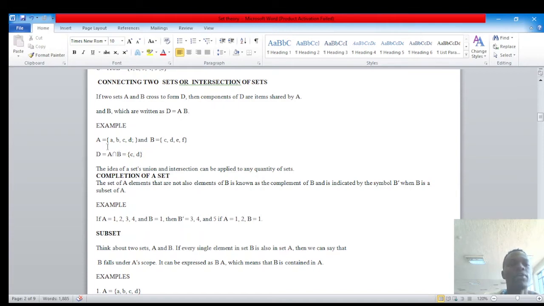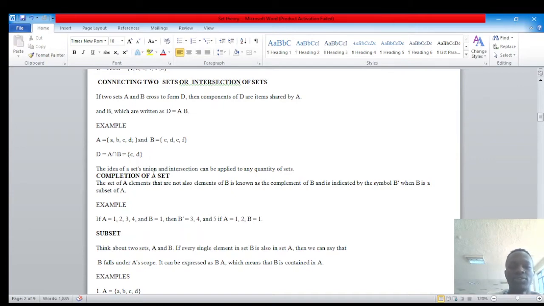What A and B share is what we call an intersection. For example, set A has a, b, c, d, and set B has c, d, e, f. The common elements are c, d. So A intersection B is c, d.